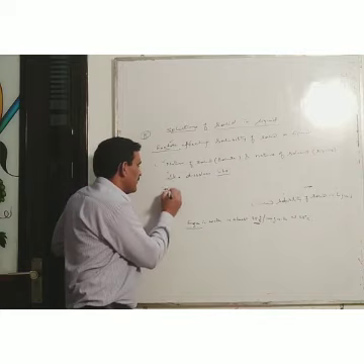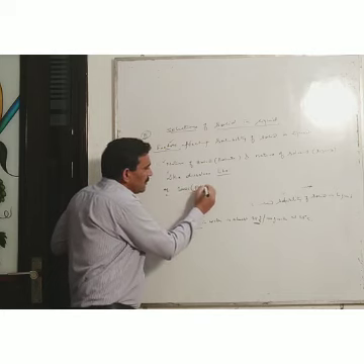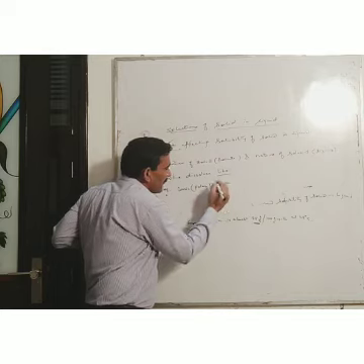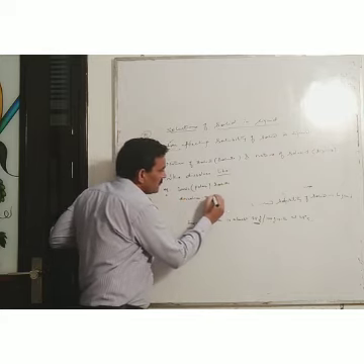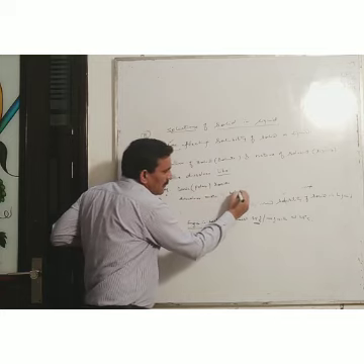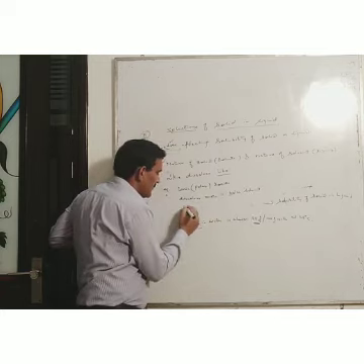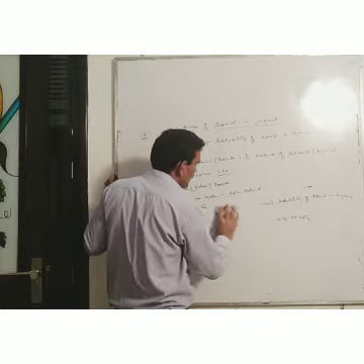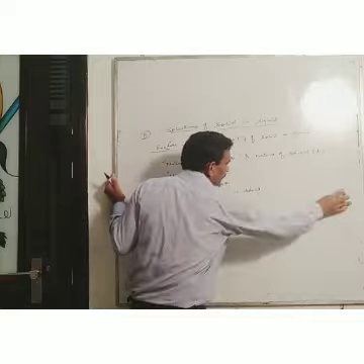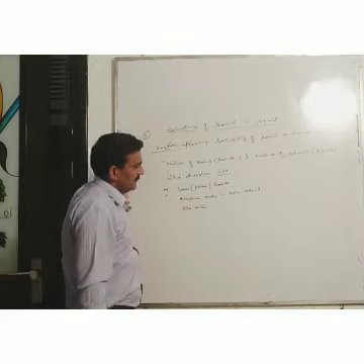For example, ionic or polar solids dissolve more in polar solvent like water, and they dissolve to very less amount or in negligible amount in non-polar solvent like benzene, toluene, carbon tetrachloride.